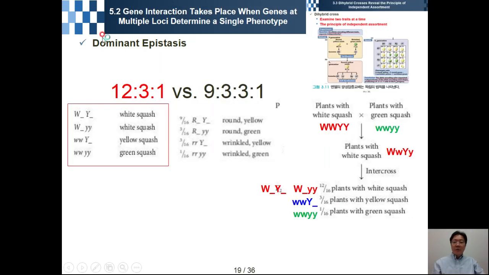In this slide, I will calculate the dominant epistasis. As I mentioned earlier, dominant epistasis involves dihybrid crosses.